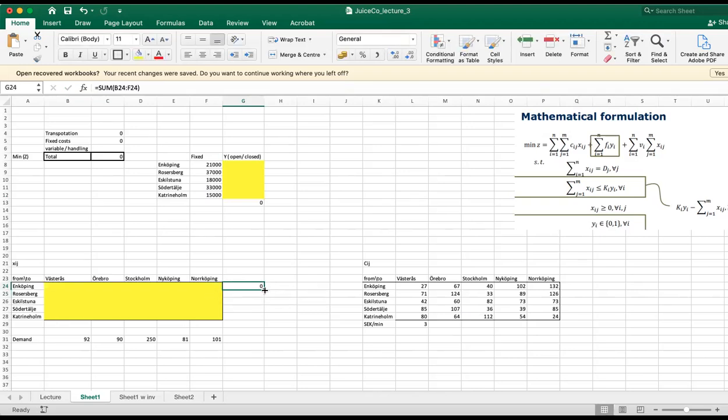So we do that for all the production centers, and then everything that will be here we multiply by V. So here we have the V cost, the variable cost, and then here we have the summation of Xij.